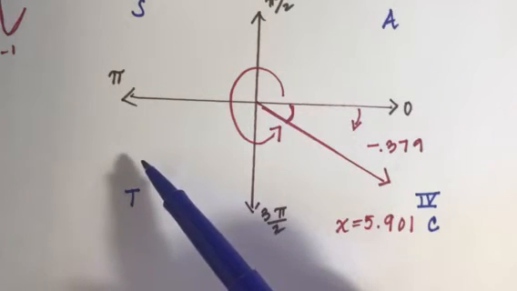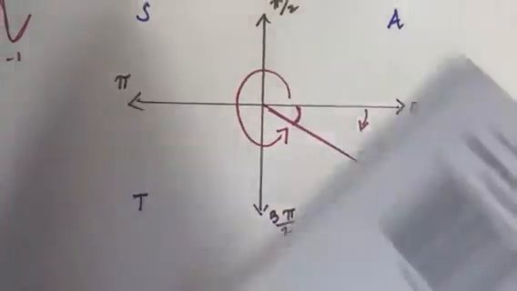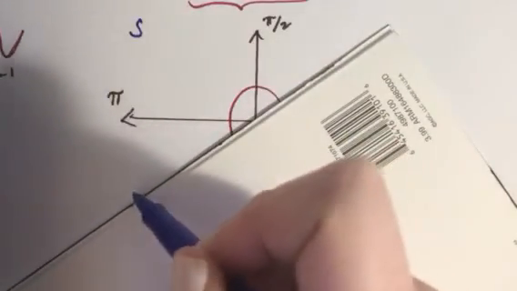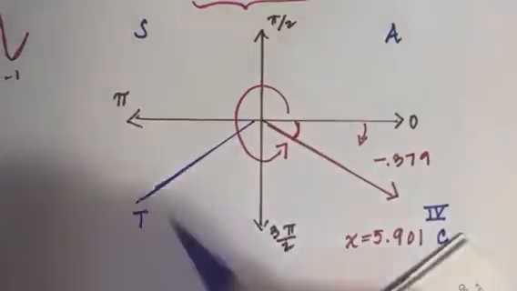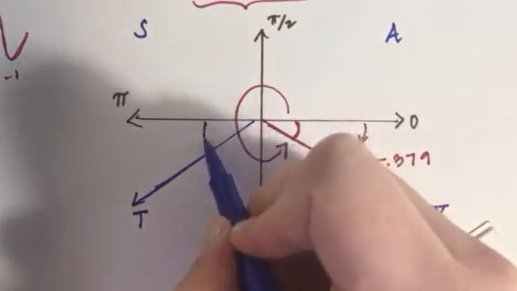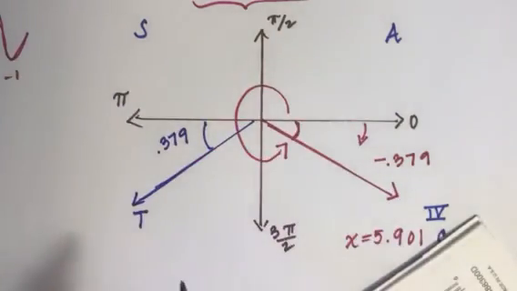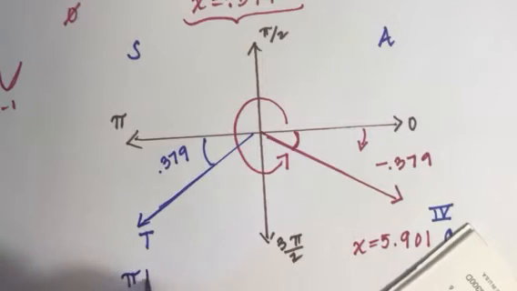So what I want to do is to find the angle who has the same reference angle as this over here. So that means I'm going to have negative 0.379 here, or 0.379 here. So this value will be equivalent. This will be 0.379. And so in order to get an approximation of that value, I can take pi and add it to 0.379.